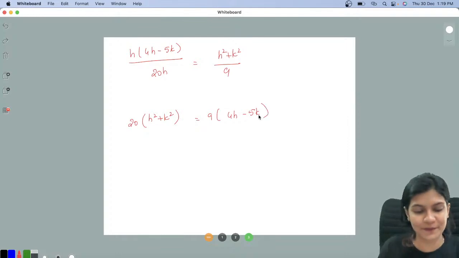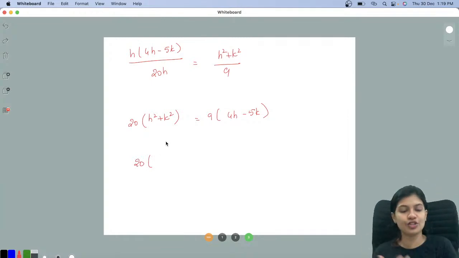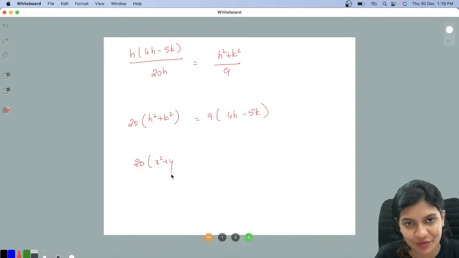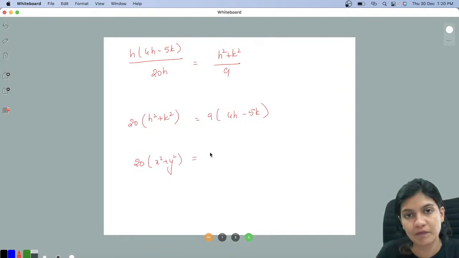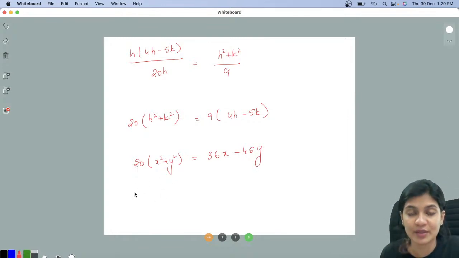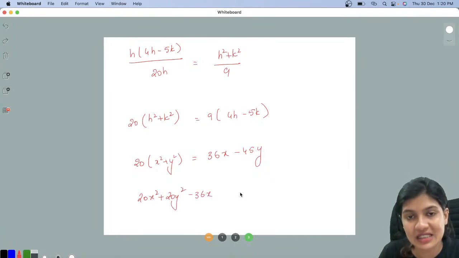Converting h and k into x and y, 20 times x square plus y square equals 36x minus 45y. Taking everything to one side, the locus of the midpoint of the chord of contact is 20x square plus 20y square minus 36x plus 45y equals 0.